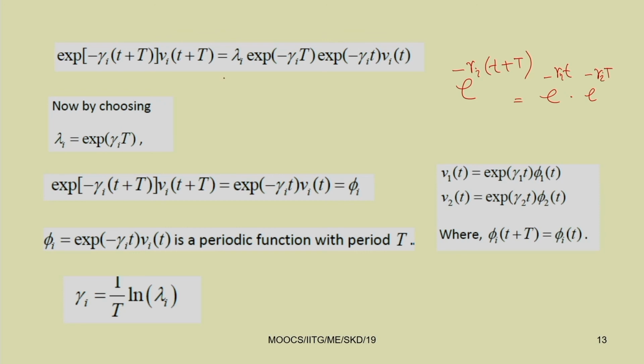Now, you have expanded this on the right hand side, so you have written lambda_i e to the power minus gamma_i T and e to the power minus gamma_i t V_i(t). So now what can we do?